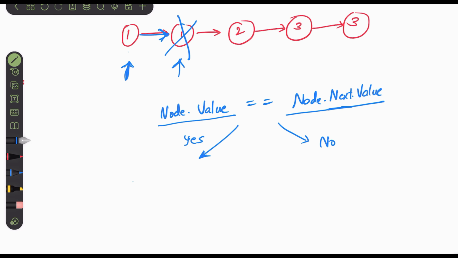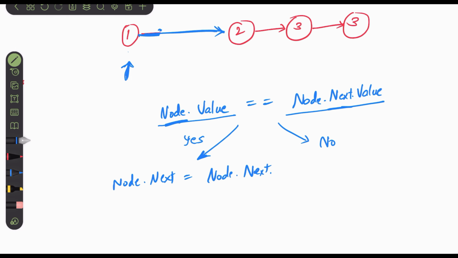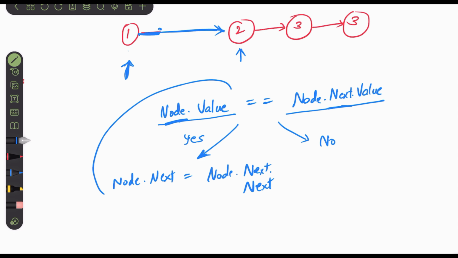Next pointer should be pointing at this node's next, which is 2. So if this is removed, automatically we'll get this as the new set. So in terms of programming, node.next, which is this node's next, will become node.next.next, which will be number 2. And then we'll continue the loop.